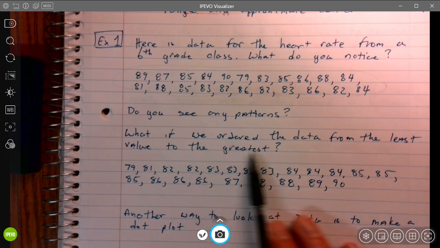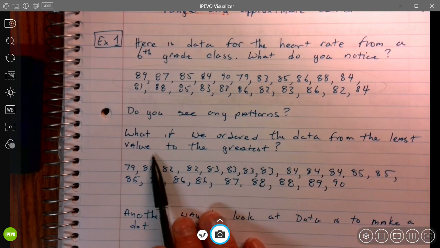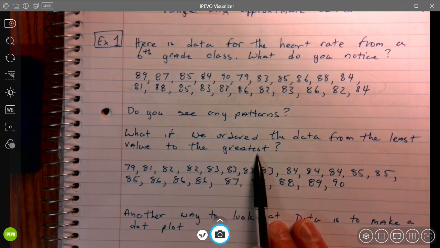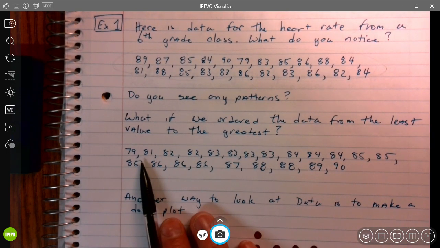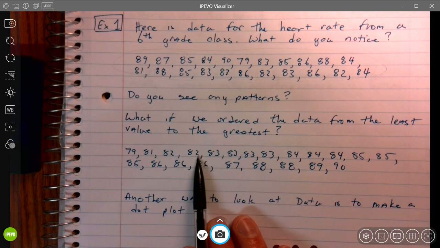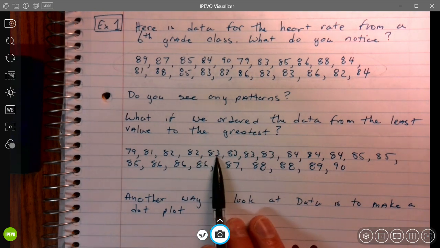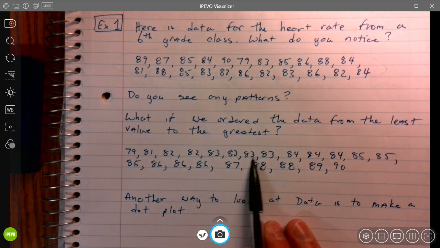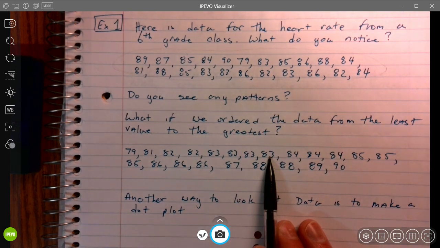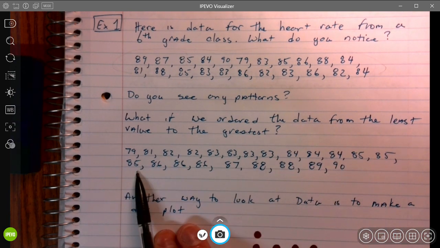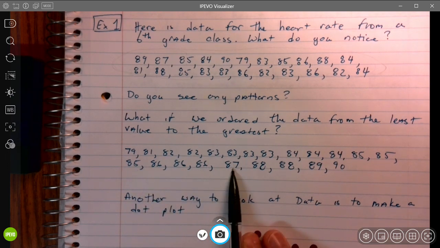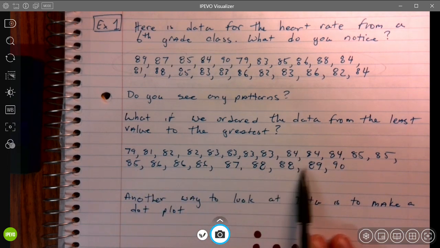So what if we ordered the data from the least value to the greatest value? Well, now I see 79, 81, 82, 82 again, 83, 83, 83, 83. Well, that's getting kind of interesting, right? 84, 84, 84, 85, 85, 85, 86, 86, 86, 87, 88, 88, 89, 90.